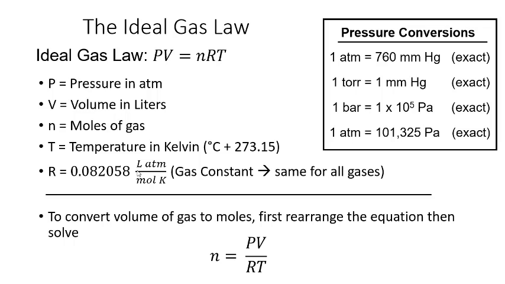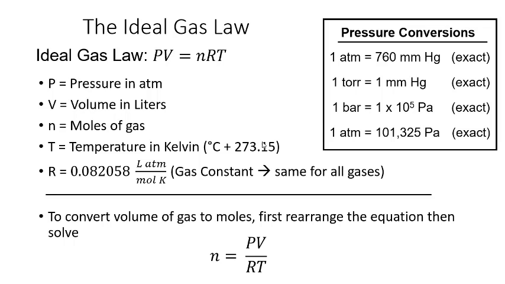So if you are given a pressure that is in millimeters of mercury or in pascals or kilopascals or bar or torr, you need to first use stoichiometry to convert those into units of atmosphere, which is required for these type of problems. If you have a volume that's in milliliters, you need to make sure you put it in liters. For moles, that's just a mole unit, so there's no unit conversion there. And temperature, if you get a unit in degrees Celsius, you need to add 273.15 to convert that into units of Kelvin.